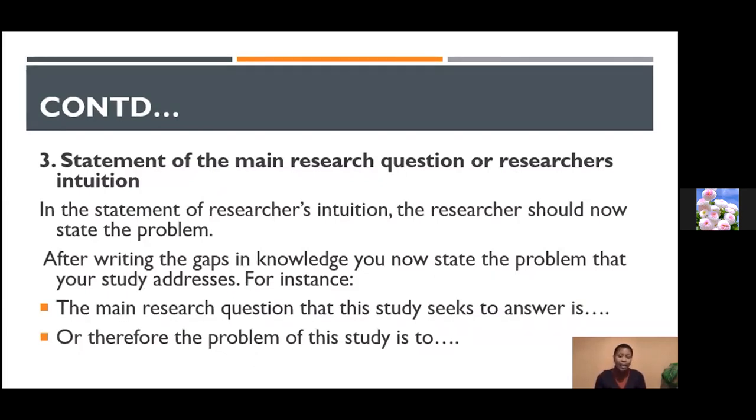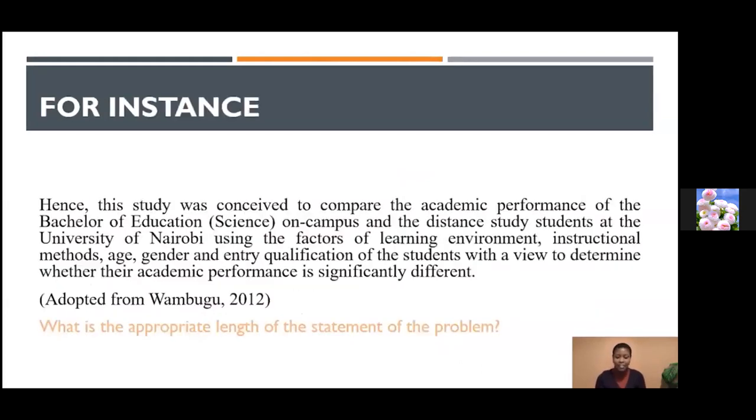Now, you write a statement, which is the last paragraph, where you use the word therefore, or hence the main research question, or hence the problem of this research is, like it is indicated in this paragraph.